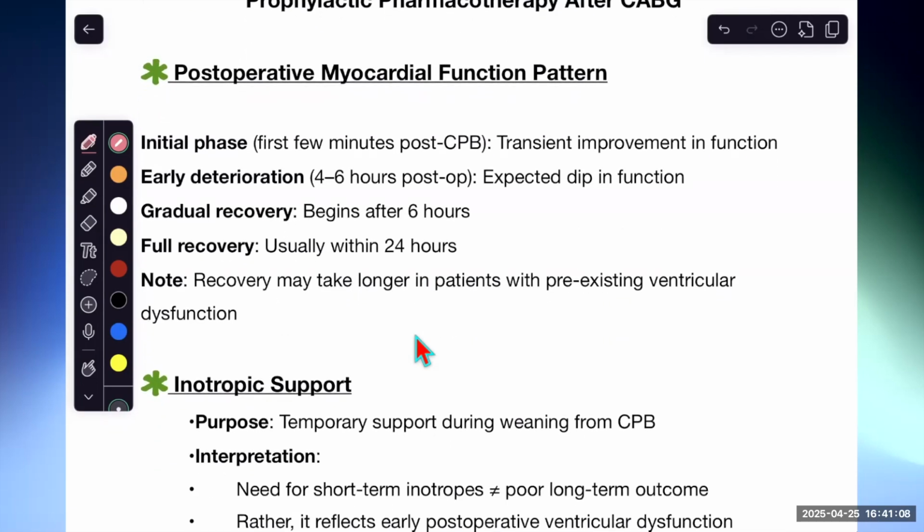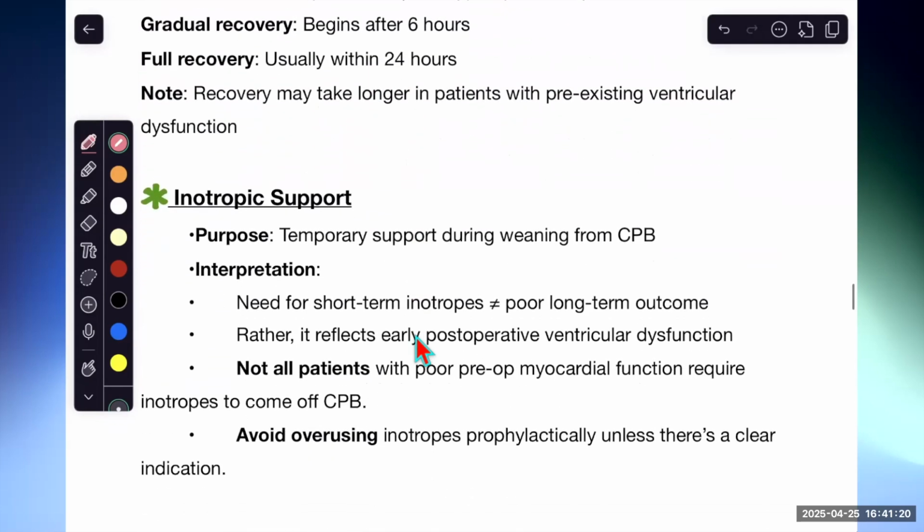Okay, this is an outline of how you should imagine the course of cardiac function, how it will behave after bypass. Inotropic support: why will I use temporary support during weaning? The need for short-term inotropes. This is something I want you to know.